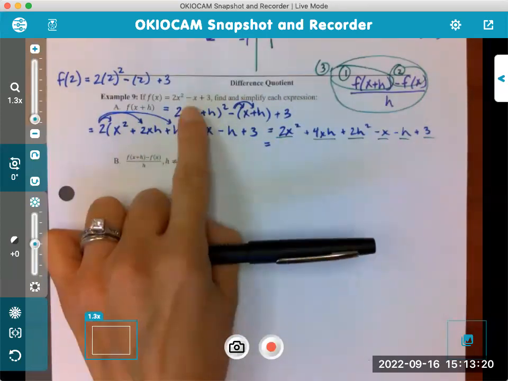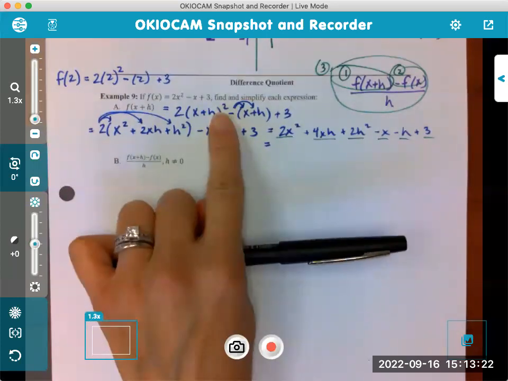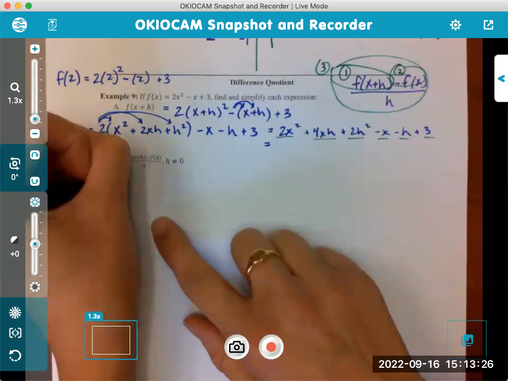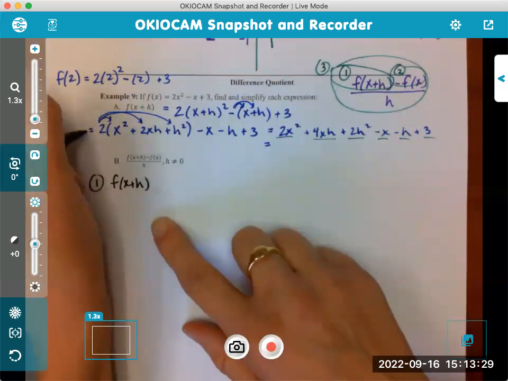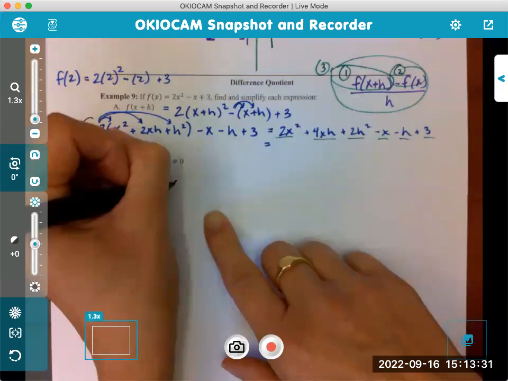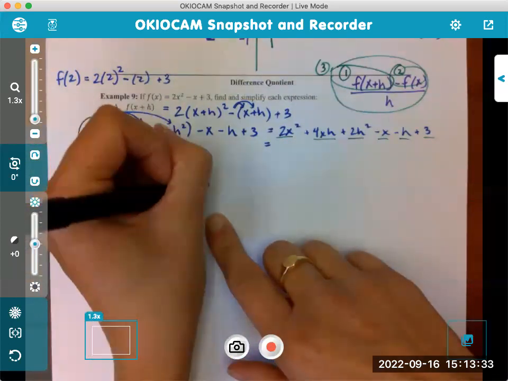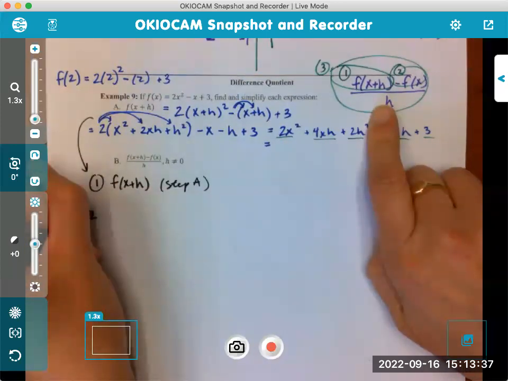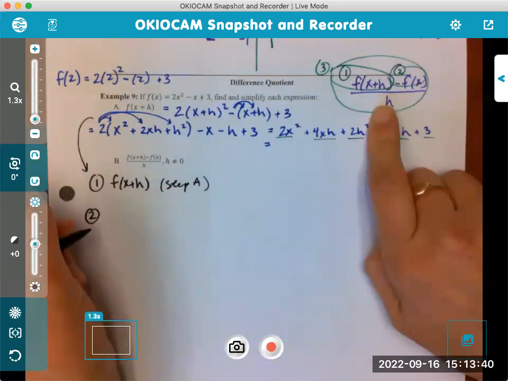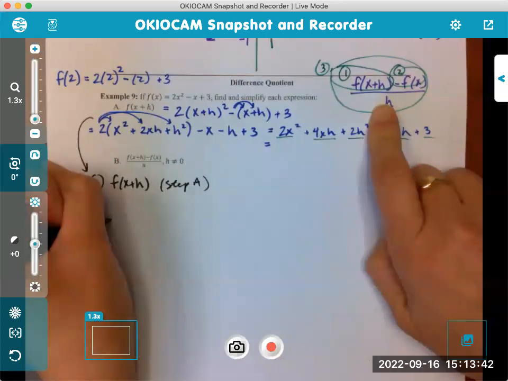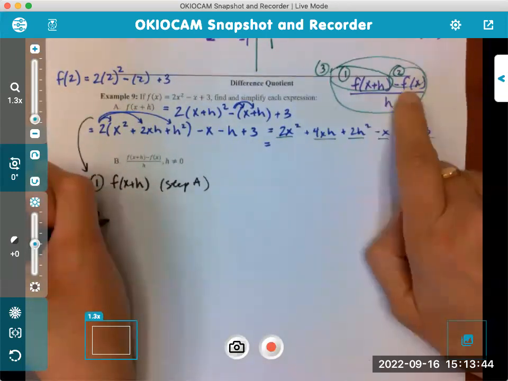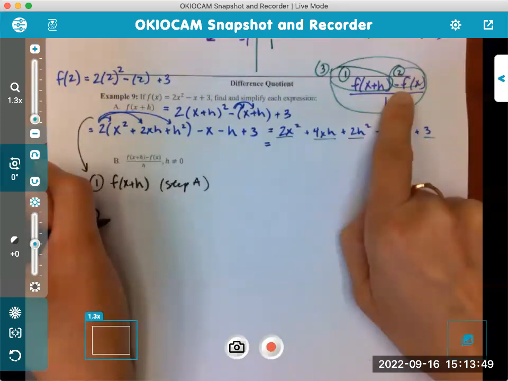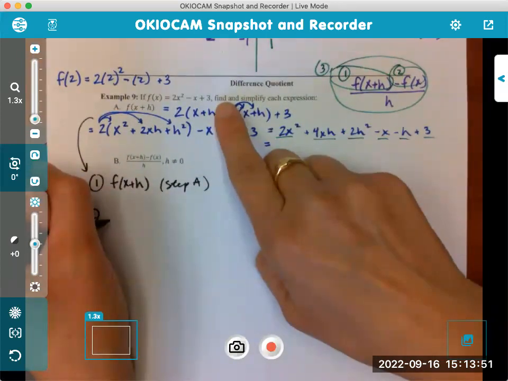Okay, so B. We're going to use the same thing. So A was already our step 1. Remember, step 1 is f of x plus h, but we already did that in part A. So go us. Step 2 seems very, very weird, but I want you to do it because over and over again, if a student is going to miss a step, it is distributing this negative to the entirety of f of x.